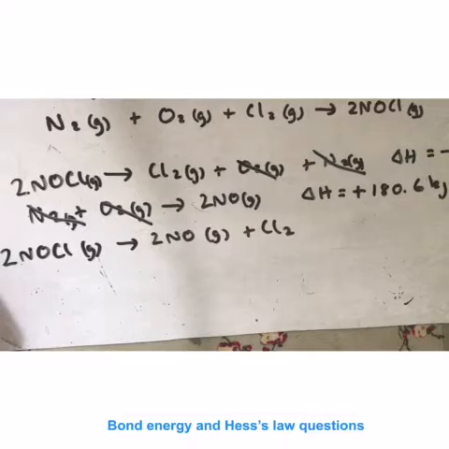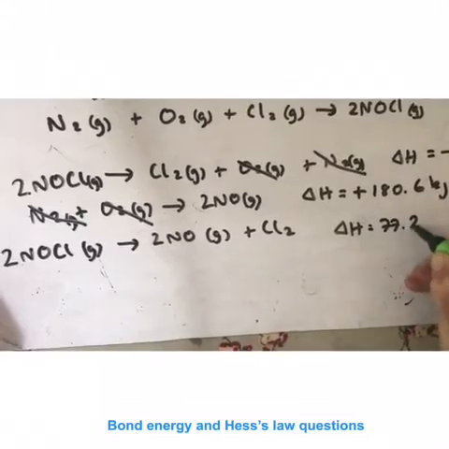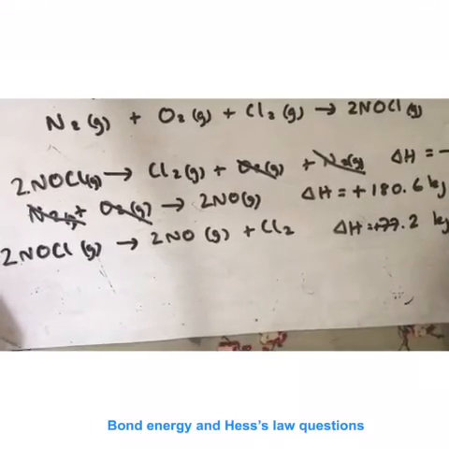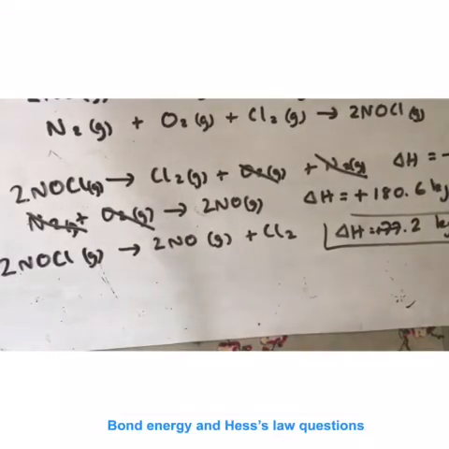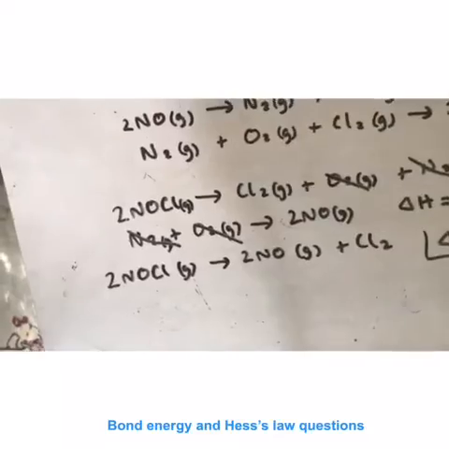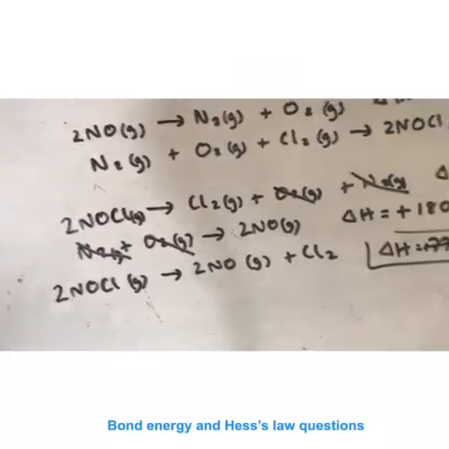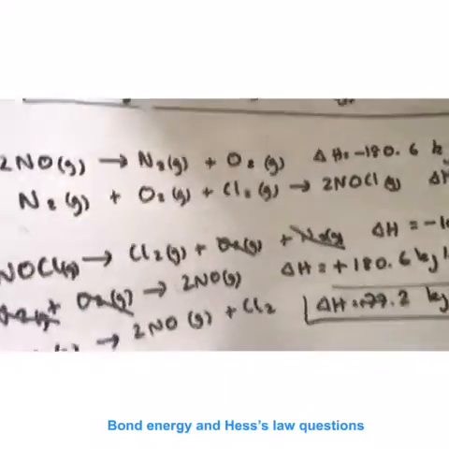So minus 103.4 plus 180.6. Your answer is delta H is equal to 77.2 kilojoules per mole. That's the overall heat change for that reaction. And I'll do the third question now in a second. Okay, so that's our second question there.